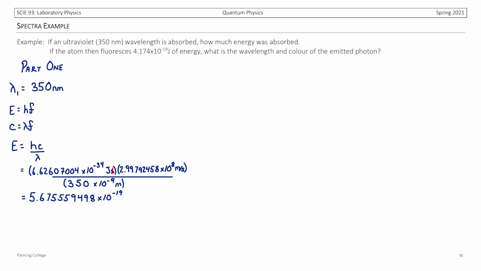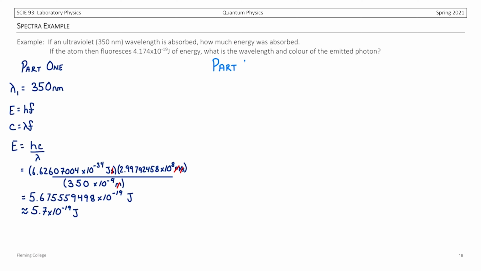If we consider our units, we have seconds canceling with the per second. We have meters on the top and meters on the bottom. So luckily, our energy comes in units of joules. We only have two significant digits here, so this is approximately 5.7 times 10 to the negative 19 joules that were absorbed with this one wavelength.